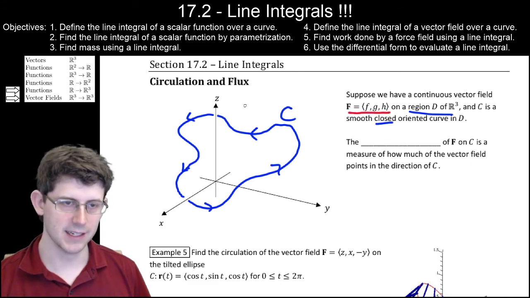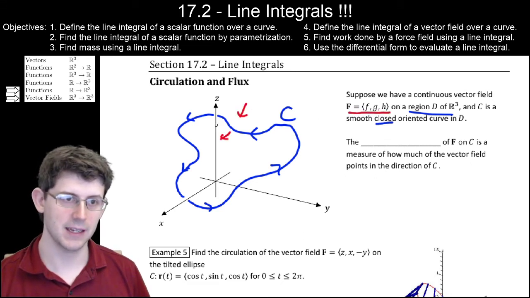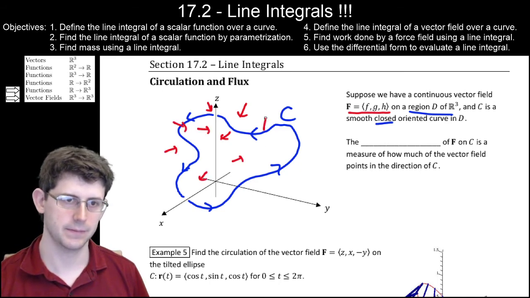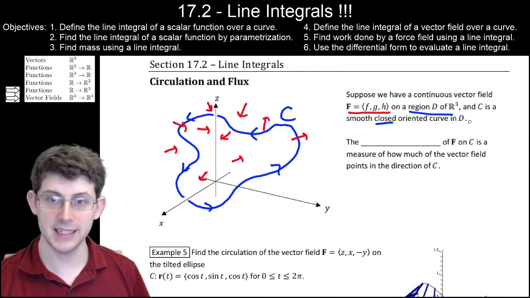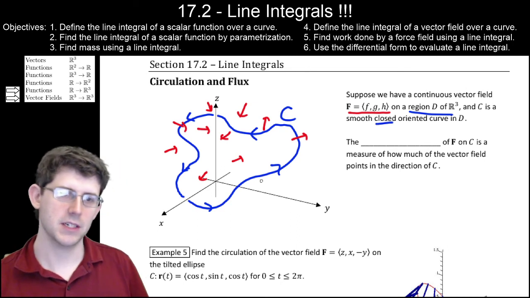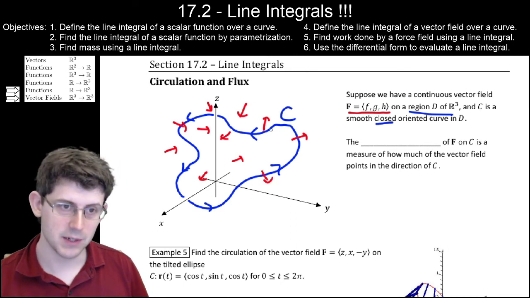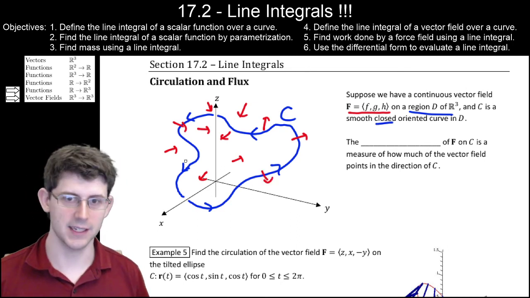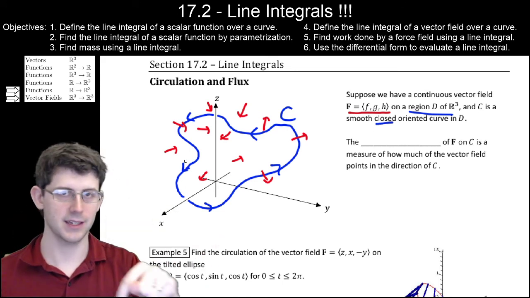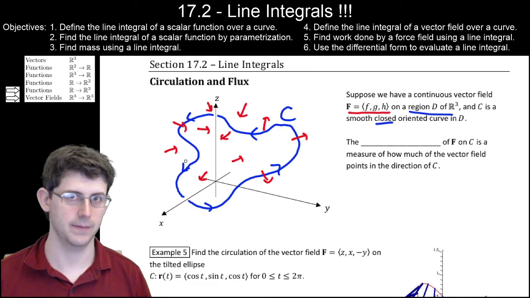But the vector field is swirling around, maybe. Every point in space has an arrow, every point in space has a vector. And C is a closed curve. It loops back around. The question you could ask about the interaction between the loop and the vector field is, if you walk all the way around the loop, does the vector field help you or hurt you?